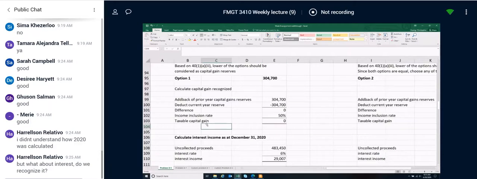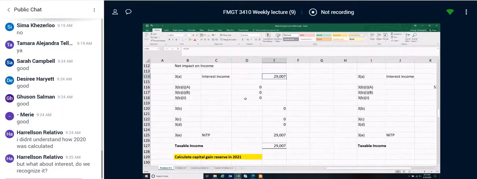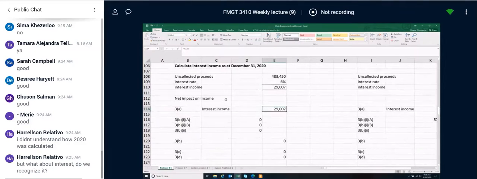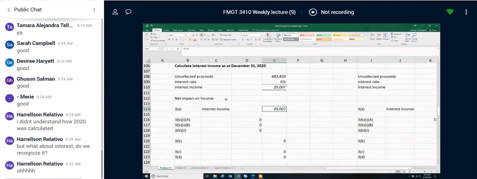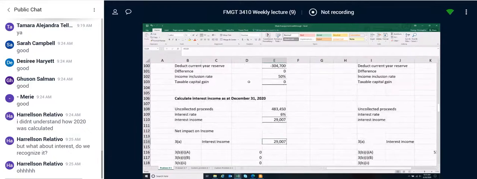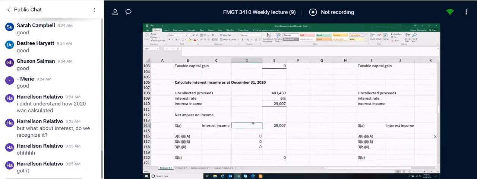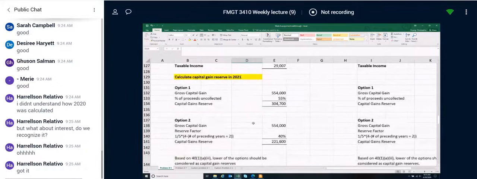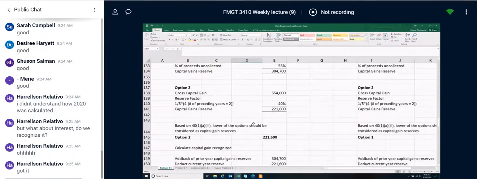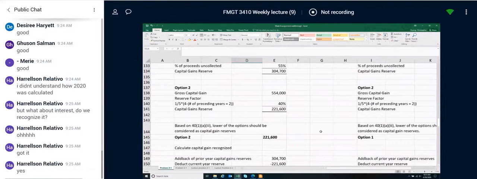We said we recognize the interest right here. You're recognizing the same amount of interest every year, so 2019, 2021, 2022, you're recognizing the interest every year. There's just no capital gain in 2020. So are you good then for the whole question, or for track one, Harrison? Or do you need me to go through anything else?